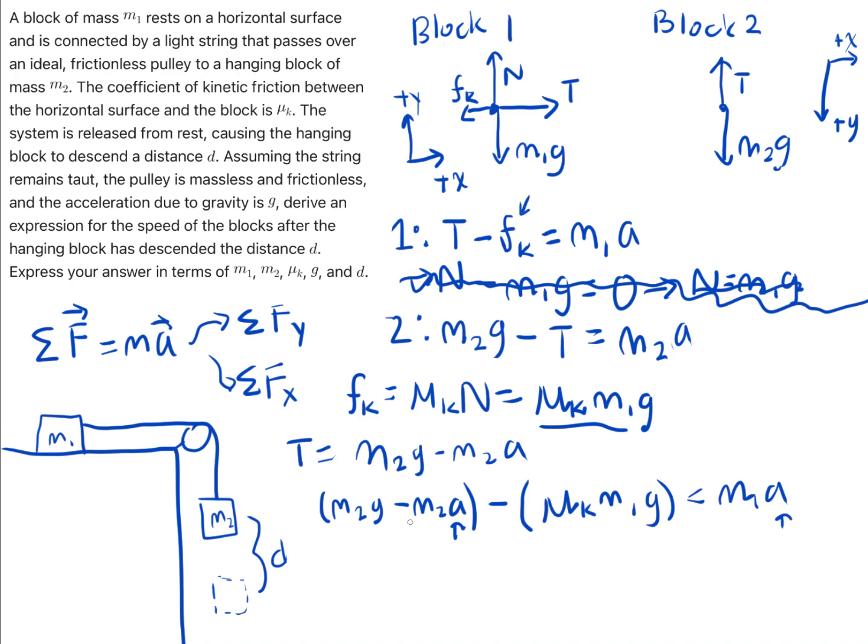So I can move all of the a's to one side, so we can have m1a. If we add m2a to both sides here, I'm just rearranging it so that the a's are on the left side instead of the right.